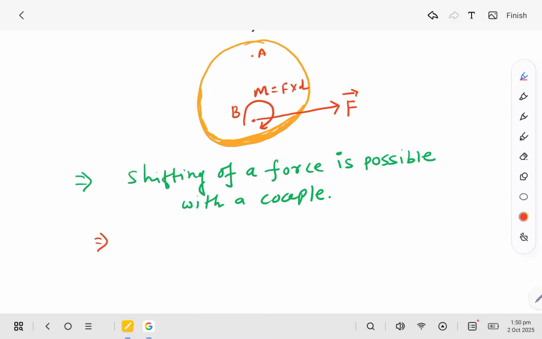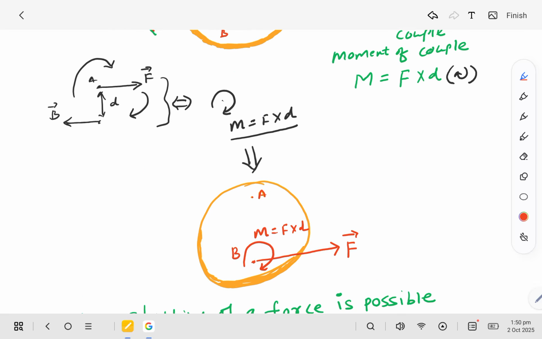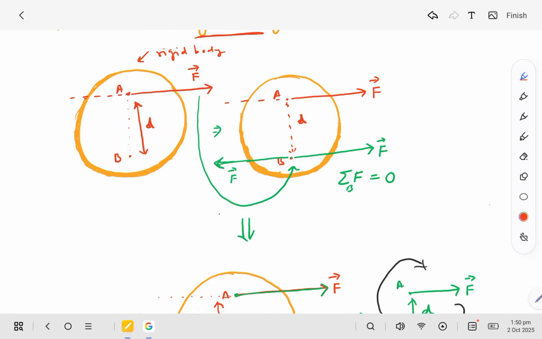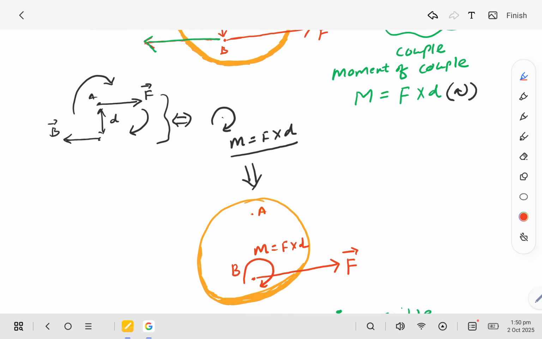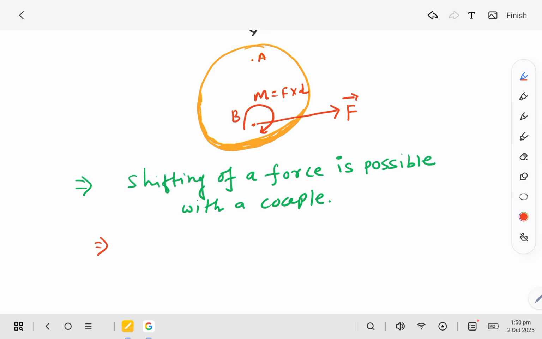Now let's calculate the moment of the force which was acting on the body, and the moment of the couple.